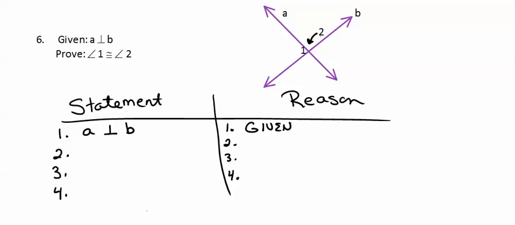From there, we know that angle 1 forms a right angle. We also know that angle 2 is a right angle.